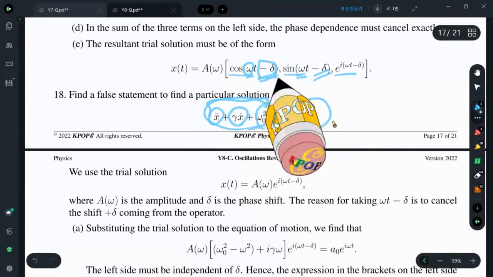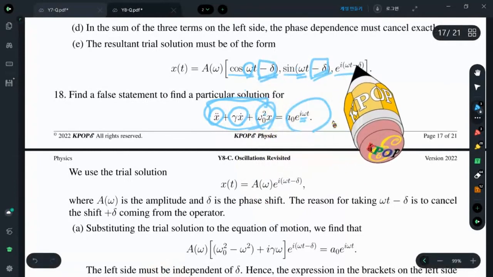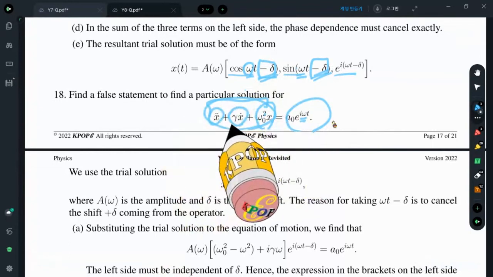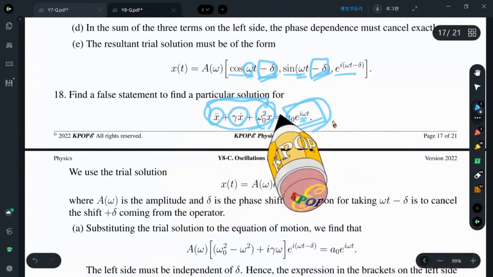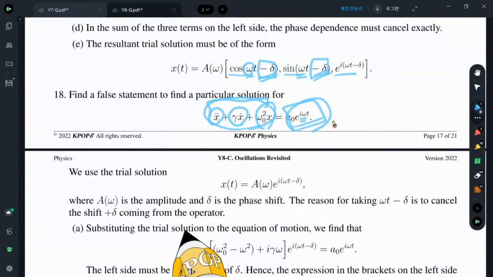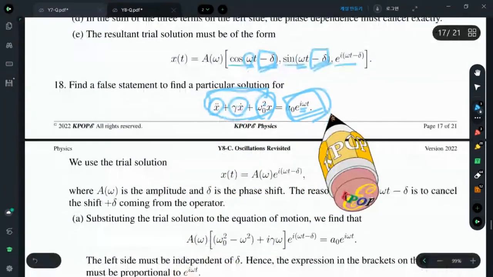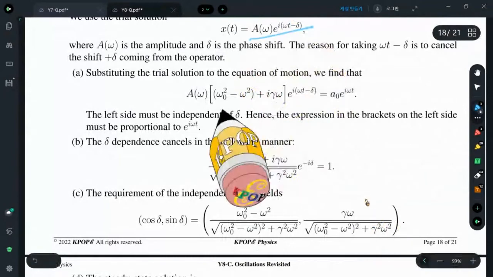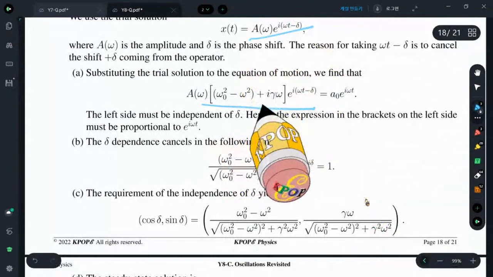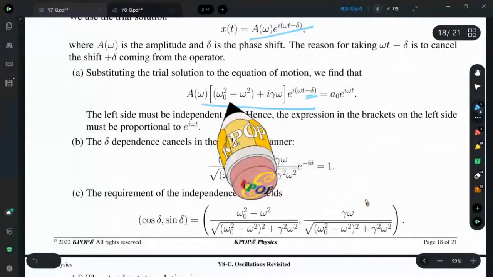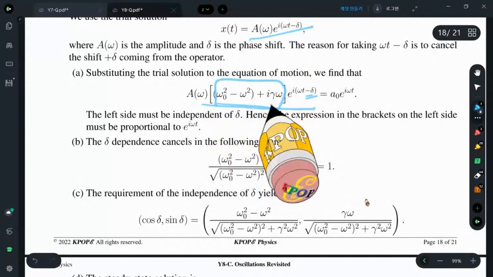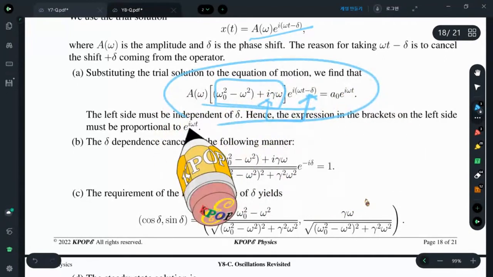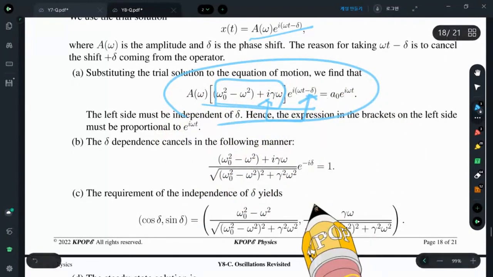Therefore, by introducing a phase shift and removing this one by expansion, because the right-hand side does not have such kind of a delta dependence, hopefully. By the way, such kind of trial solution will indeed kill the phase difference if the phase of this complex number exactly cancels this, then this identity works.